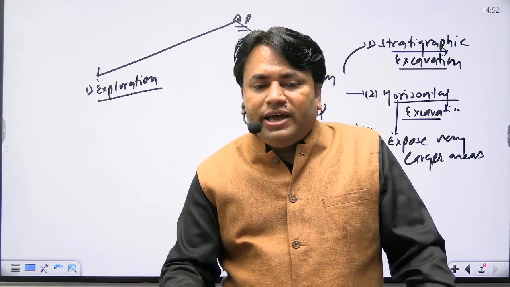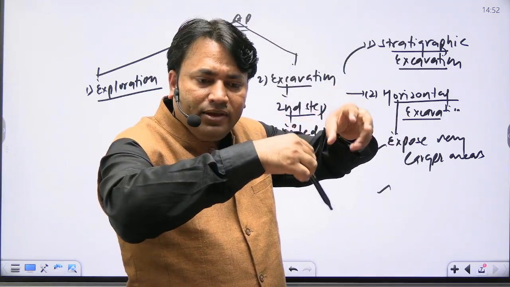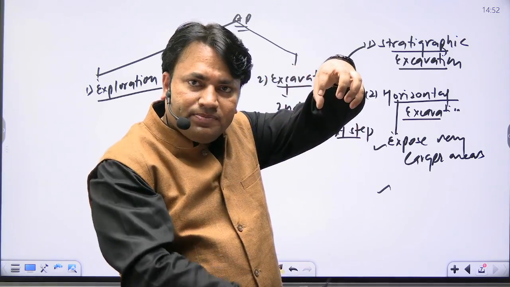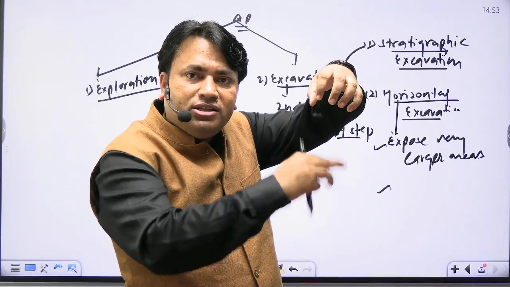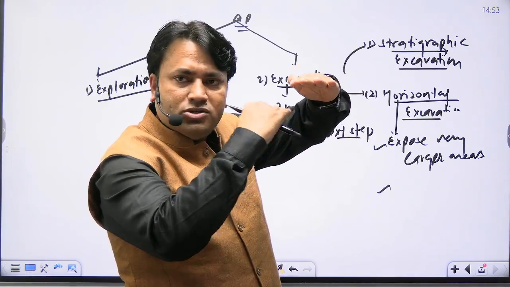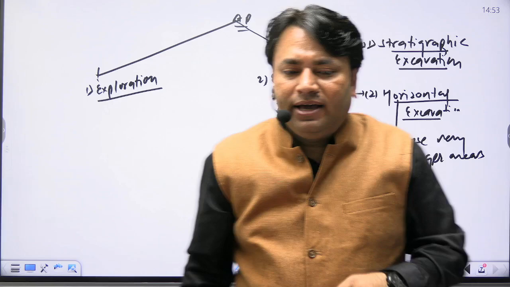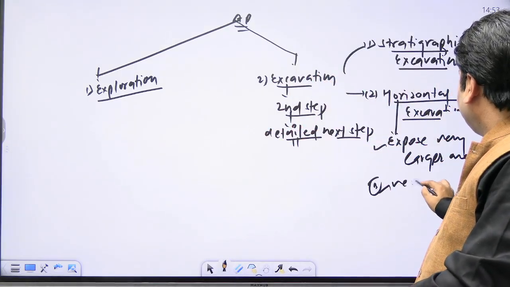And vertical excavation is done for a small area with deep trenches. You will dig deep trenches to study the different historical layers, which means you will also get the chronological idea here.